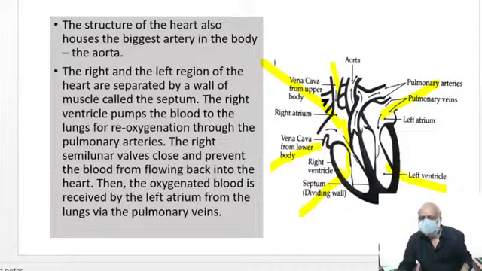Now, in another cycle, ventricle contracts and atrium relaxes. When ventricle contracts, it sends the blood to the lungs.